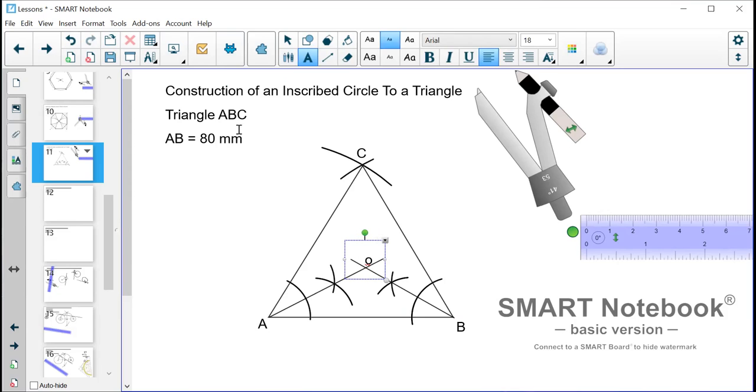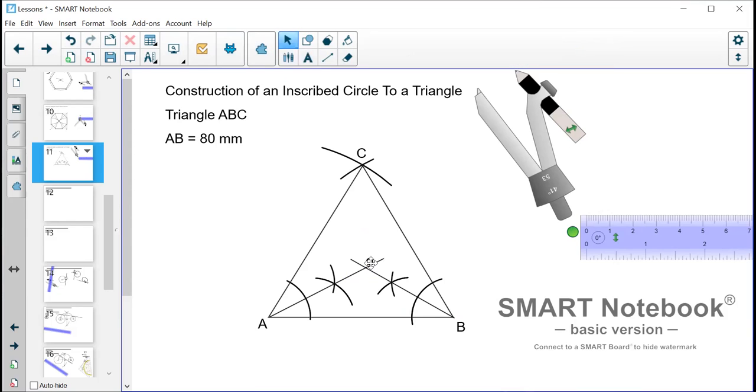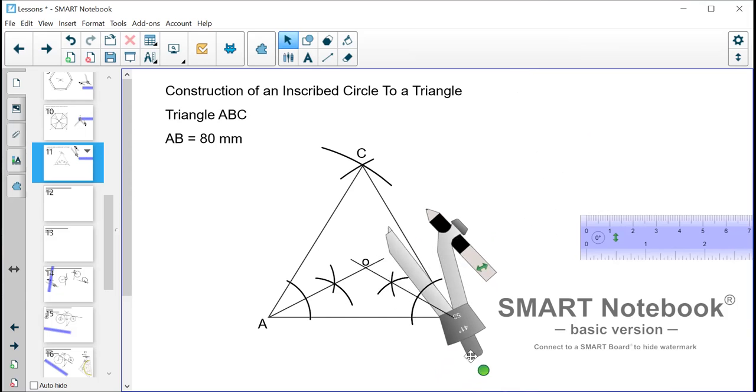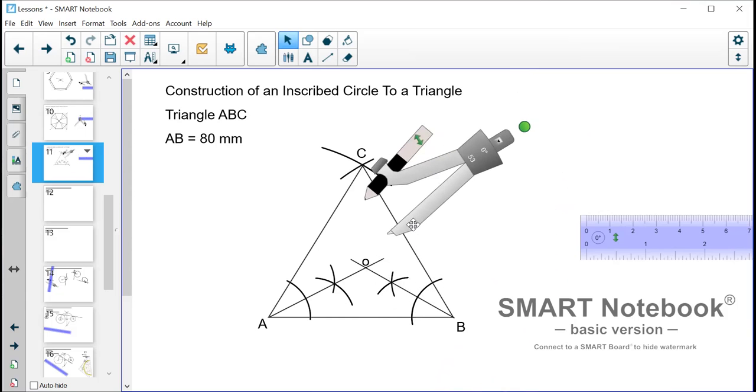That would be the center of the circle that we're looking for. All right, so just to recap, we constructed a triangle, then we bisected two angles within the triangle. Where the two bisectors meet, that will be center O.